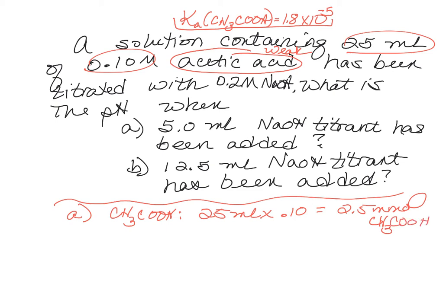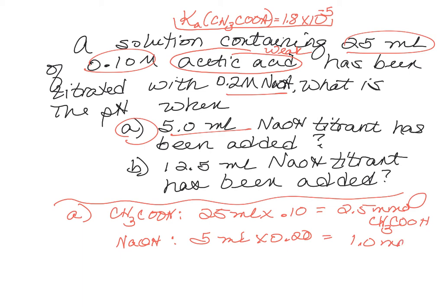Now let's figure out how much sodium hydroxide has been added for part A. We've added 5 mL, and it is 0.2 molar sodium hydroxide, so we've added exactly 1 millimole.